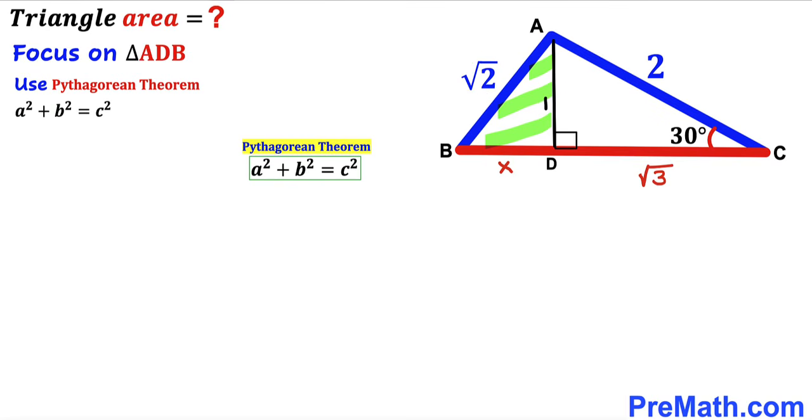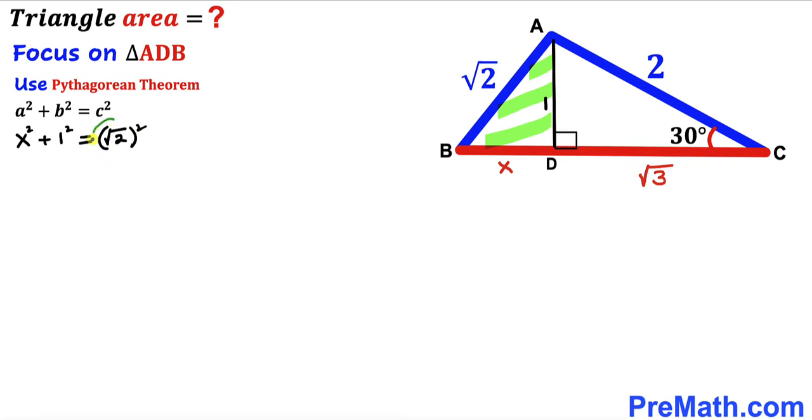Let's fill in the blanks: x squared plus 1 squared is equal to the square root of 2 whole squared. The square of the square root of 2 is simply 2. So we get x squared plus 1 equals 2.